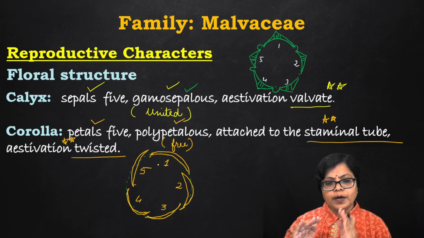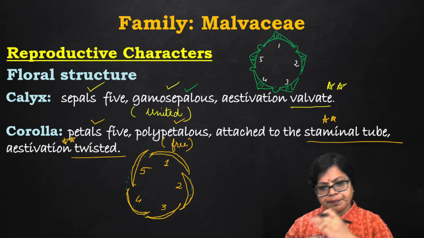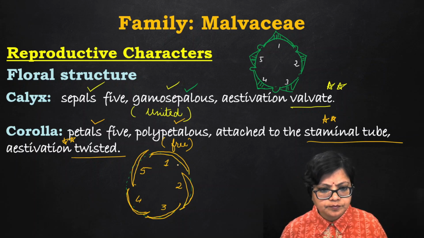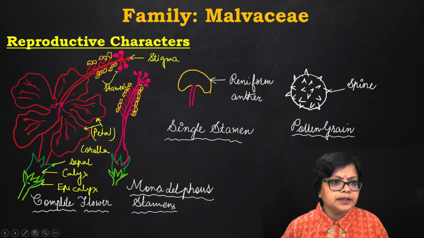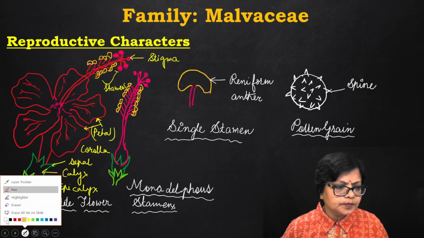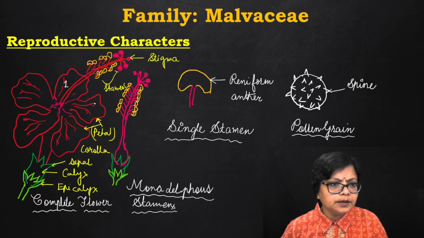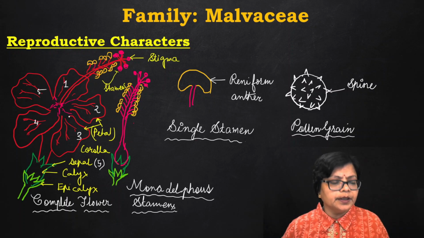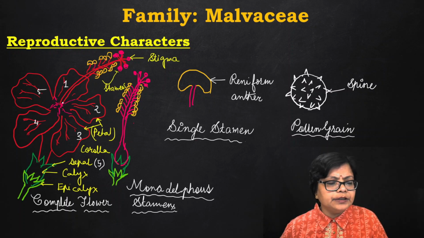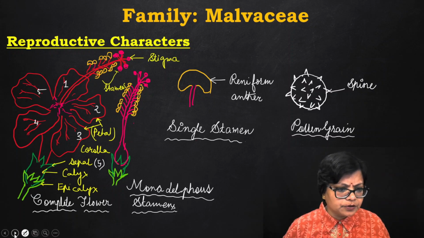So, one end of each petal overlapping the other, not both the ends. And as it is free, so we are not showing any loop. So, estivation twisted. Petals, how many? 5 in number. 1, 2, 3, 4 and the fifth one. Sepals, how many number? 5. 1, 2, 3 and the back side 2. Okay. And this staminal tube attached at the base of the petal, as I have explained to you.